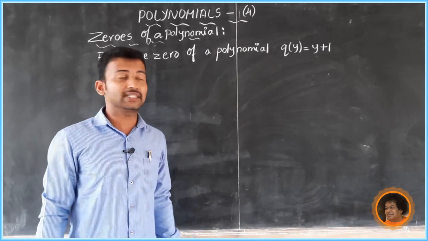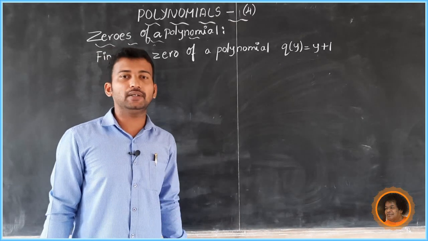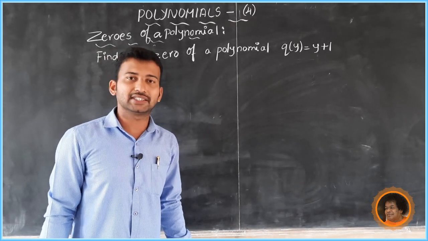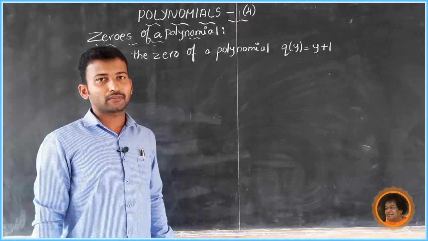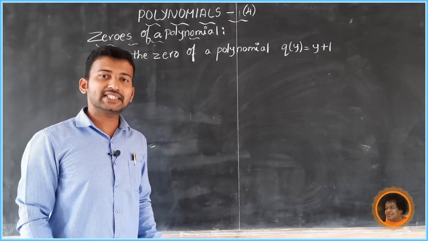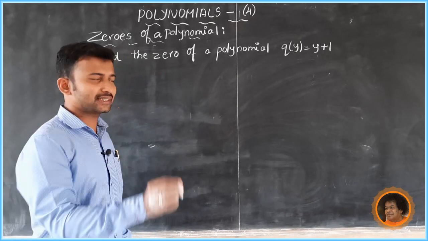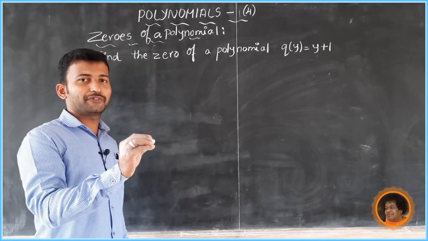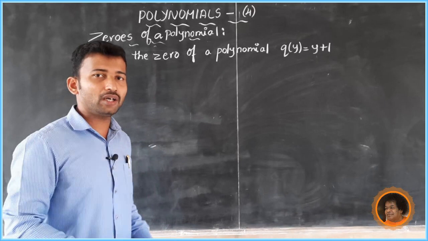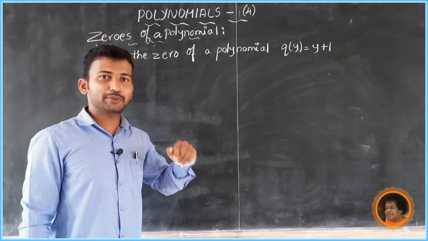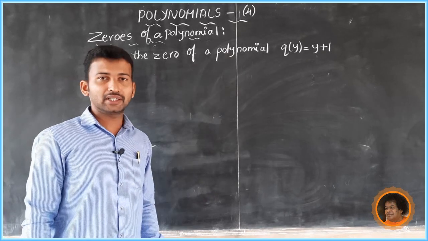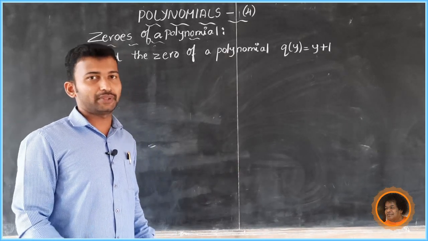How to find the zero of the polynomial y plus 1? As you know, that is the trial and error method. What is the trial and error method? By substituting some values, if you get 0, then the value we substituted in the polynomial is called the zero of the polynomial.